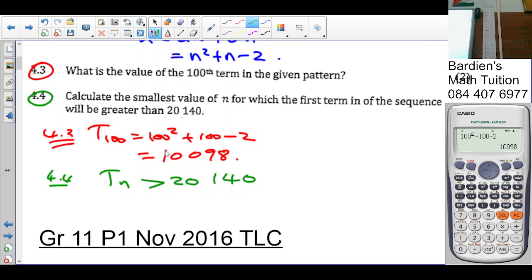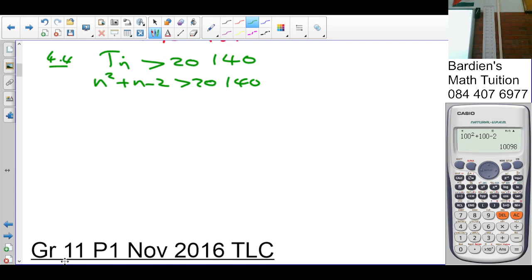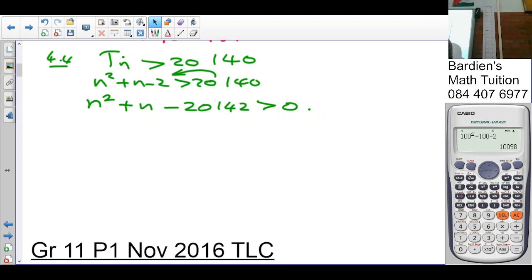So Tn, which is n squared plus n minus 2, has to be greater than 20,140. So I'm going to solve for n here. Take it over the equal sign, it becomes n squared plus n minus 20,142 has to be greater than 0. You can use your quadratic formula. Don't work out your factors, it's going to take very long unless you can see it.